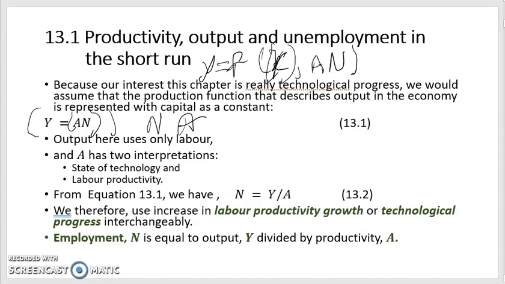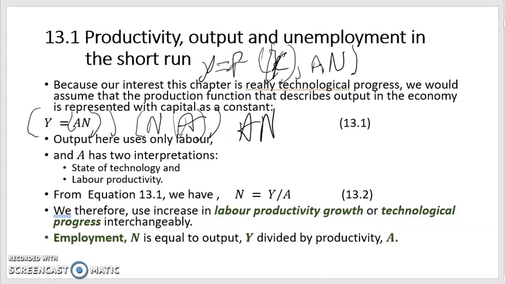An increase in A represents technological progress. This means A is the productivity of each worker, which is understandable because, as we've been saying, AN means effective labor.